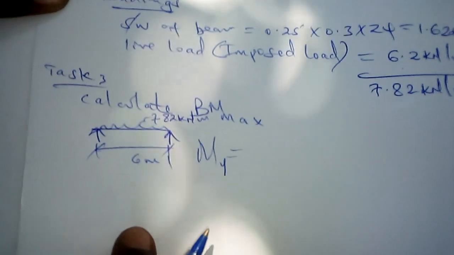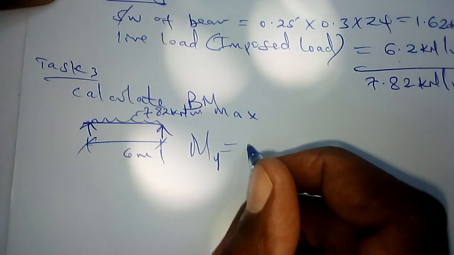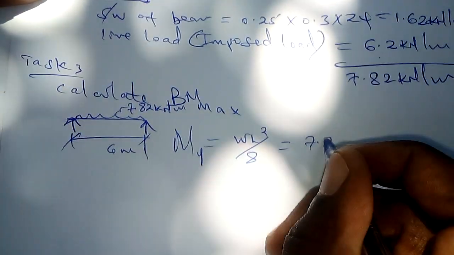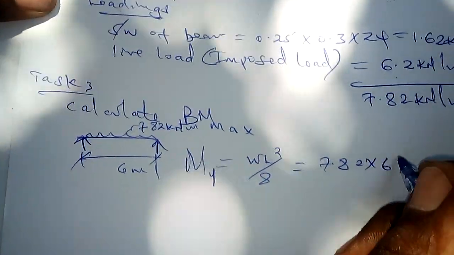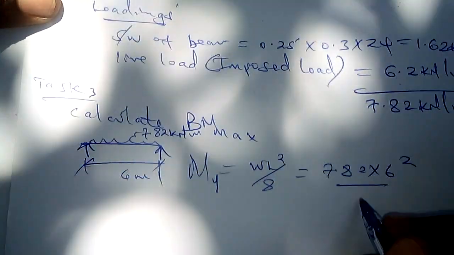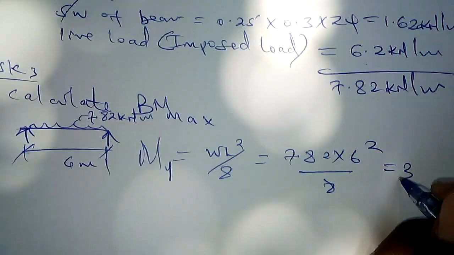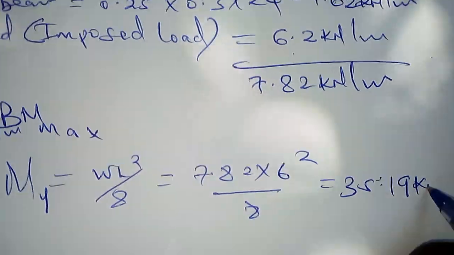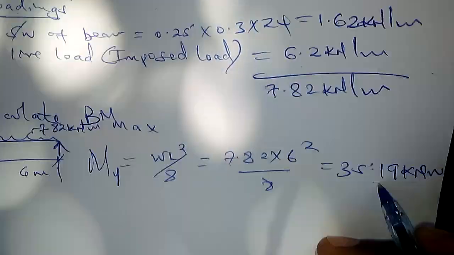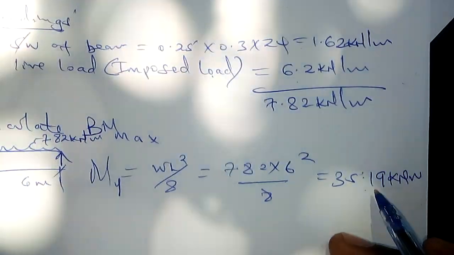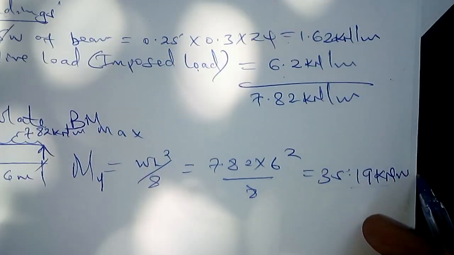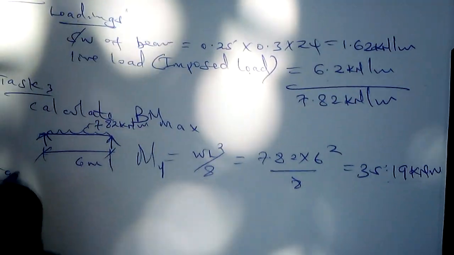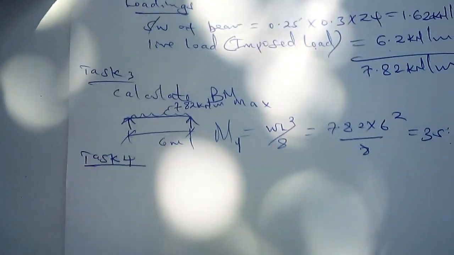The ultimate design moment is equal to WL squared over 8, which is 7.82 by 6 squared all over 8. When you multiply out, it is 35.2 kilonewton meter, and the SI unit of bending moment is kilonewton meter. That is the SI unit. It is very important.